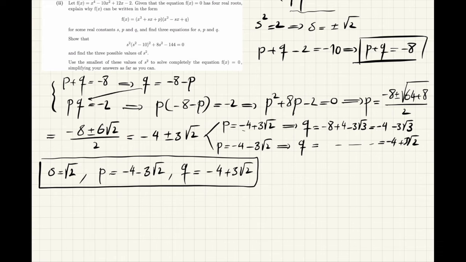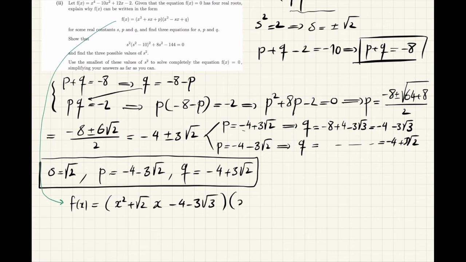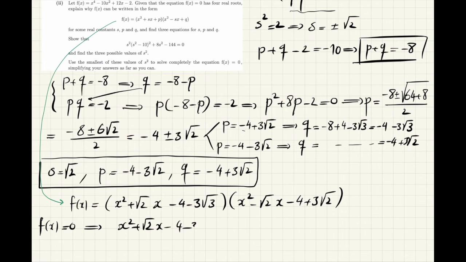If I use this relation here, then f of x becomes equal to x squared plus square root of 2 times x plus p, which is -4 minus 3 square root of 2, and then x squared minus square root of 2 x minus 4 plus 3 square root of 2. Yes, so now f of x equal to 0 gives me that either this one is 0 or the other one is 0.